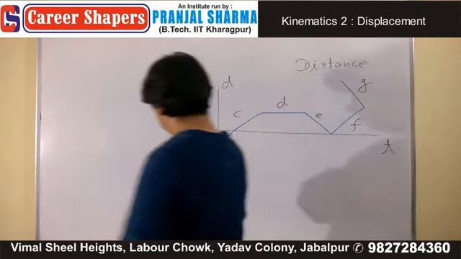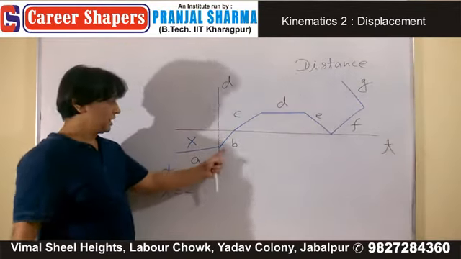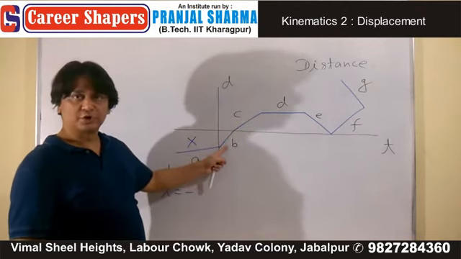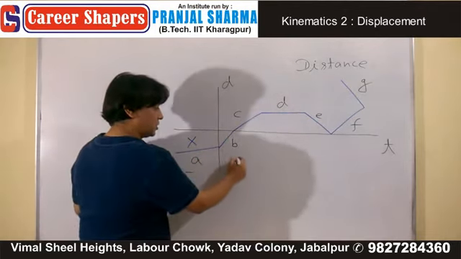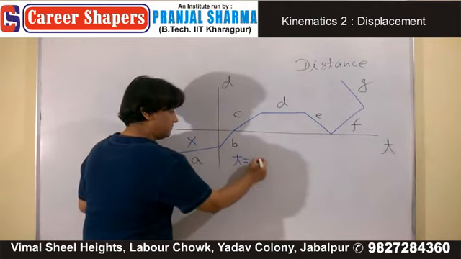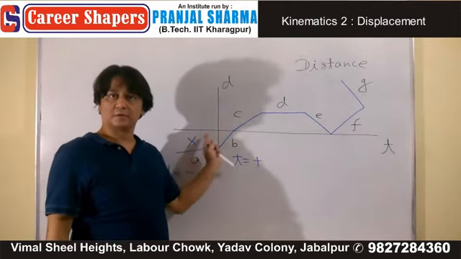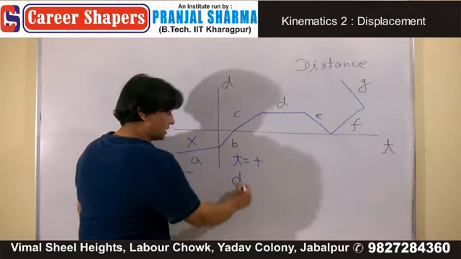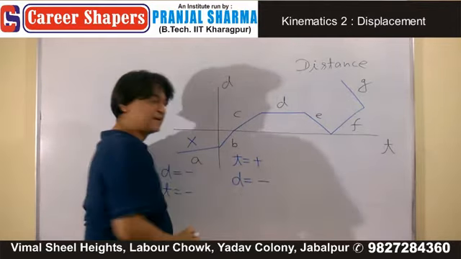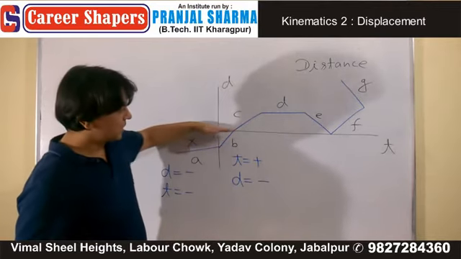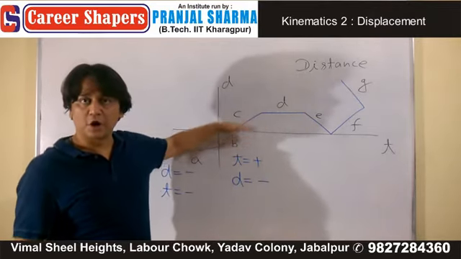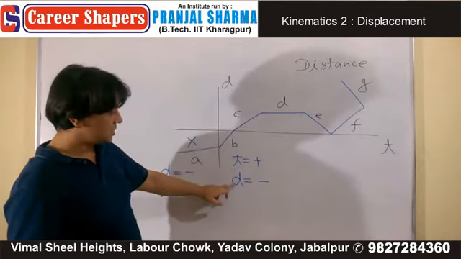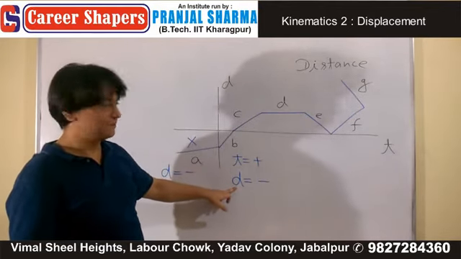Now, look at this portion B. In this portion B, your time is positive, you're on this side. But distance is still negative. As long as you are below the horizontal axis, your distance is negative.